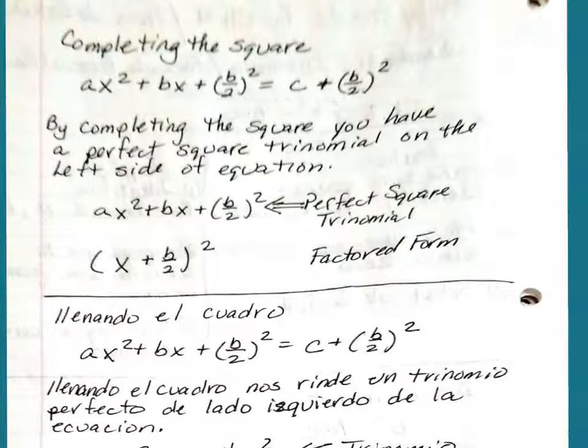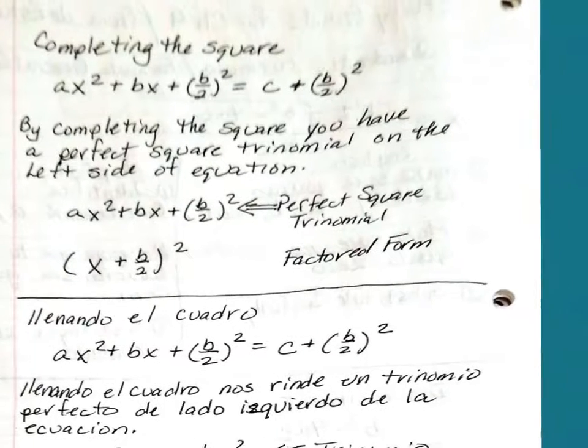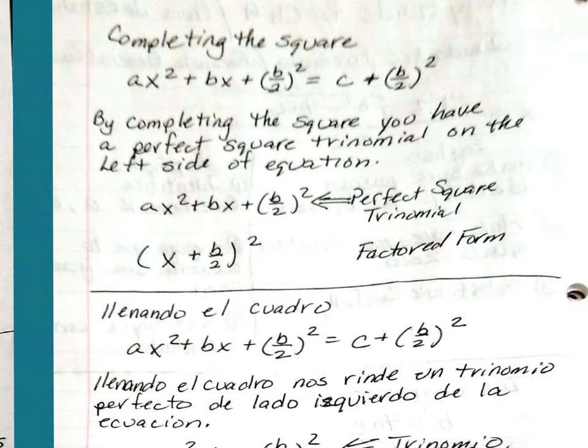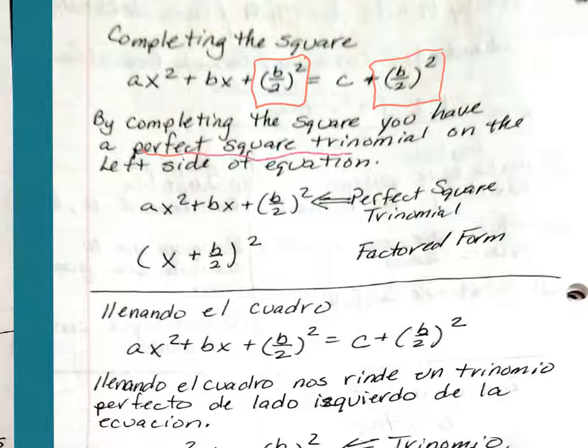And the third major topic is completing the square. This is one that will also be on the test. This is the part where the completing the square component was the part that's missing, and you needed to find that amount so that you could complete the square to get a perfect square trinomial.